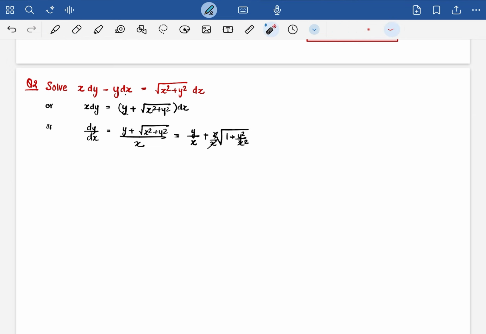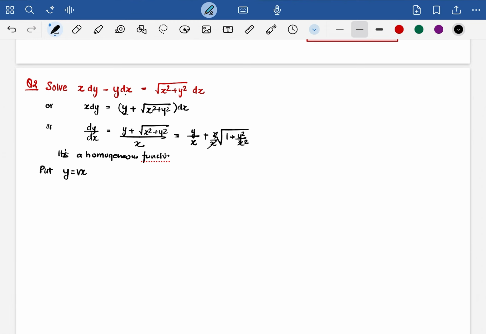You can see this is y by x, this is y by x, so it's a homogeneous function.